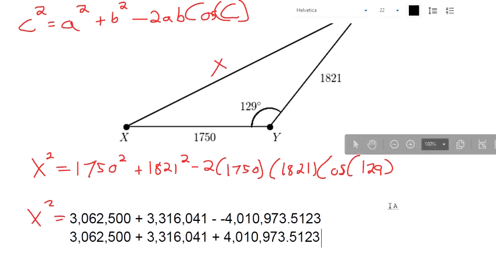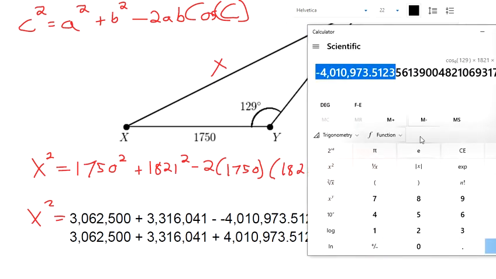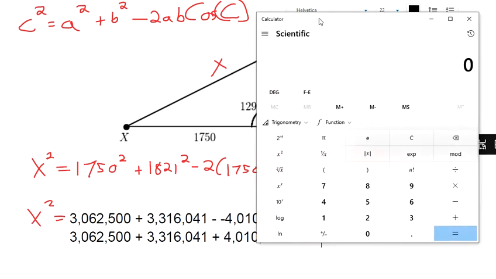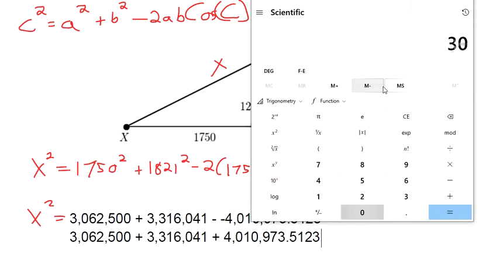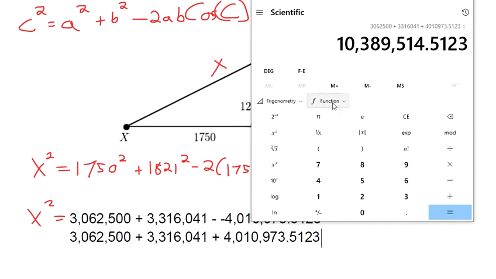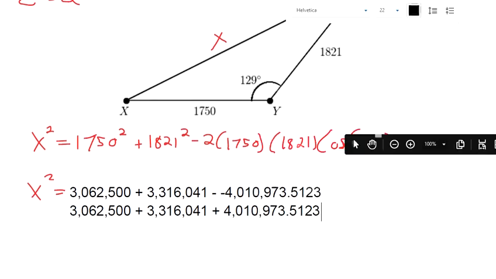Sometimes you're going to subtract if it's an acute angle. Sometimes you add if it's an obtuse angle. Okay, so that's what the right side equals.